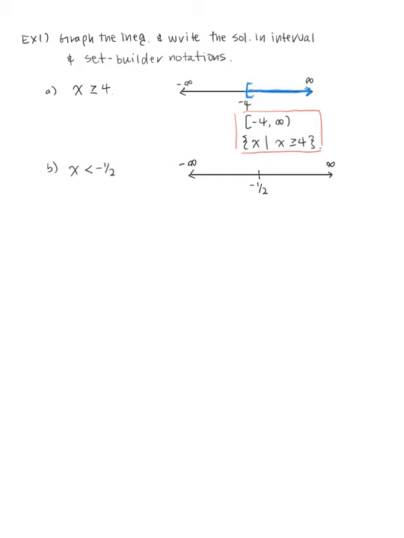Now, since all the x values must be less than negative 1/2, you're going to have an open parenthesis and you're going to be shading the left-hand side of the number line. Now, how do I express this in interval notation? It is open negative infinity to negative 1/2, open. Set notation: the set of all x values such that x is less than negative 1/2. That's all you've got to do.